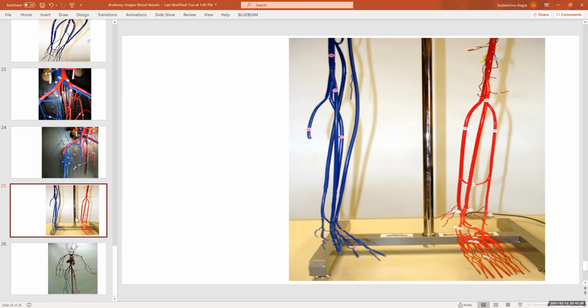So we have, lateral side, left fibular artery. This is left posterior tibial artery. This is left anterior tibial artery.